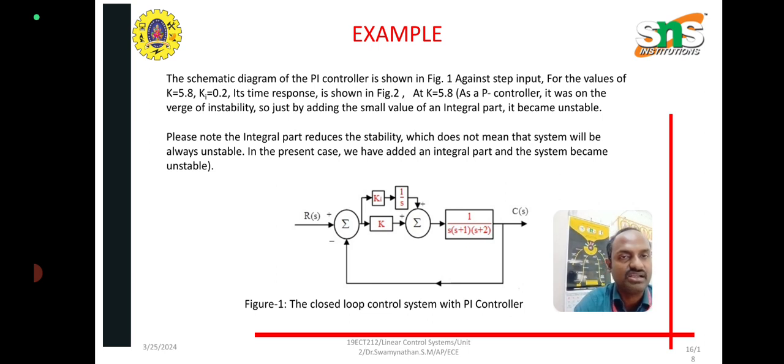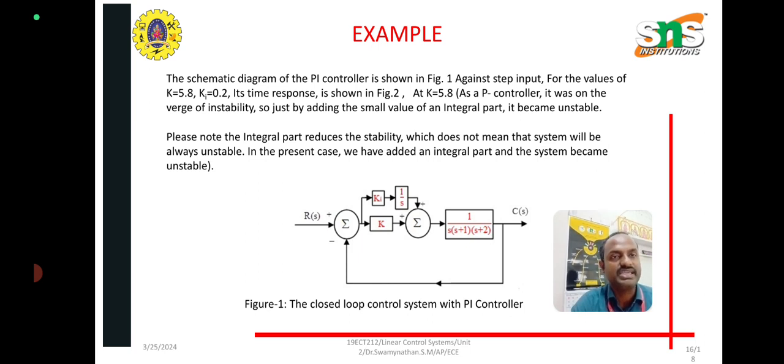In the example, you can see R(s) is the input, followed by the summing point, Ki is the constant, 1 by s is the integrator, then the summation point and the plant transfer function. It is a closed loop control with the PI controller. For the given schematic diagram, the value of K is 5.8 and Ki is 0.2, and this is the response. The integral part reduces the stability, which does not mean the system will always be stable.